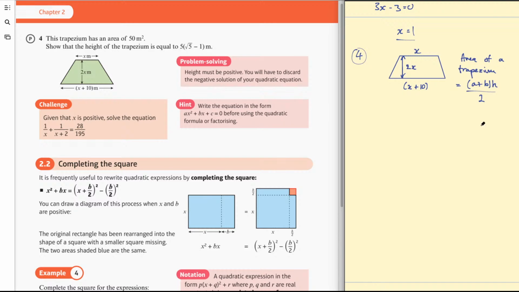At least that's the way I remember it. And so we can say this area is x plus the base, which is x plus 10, multiplied by the height, which is 2x, and this is all divided by 2.